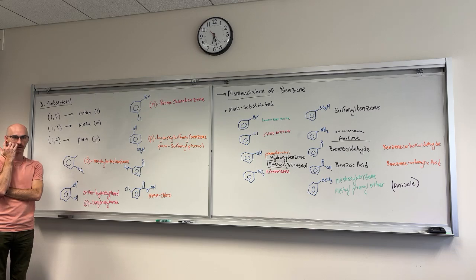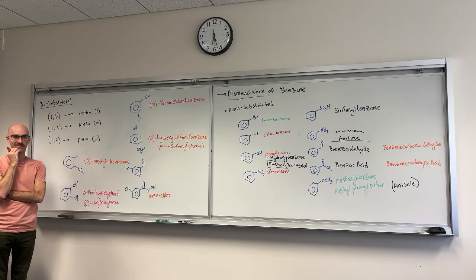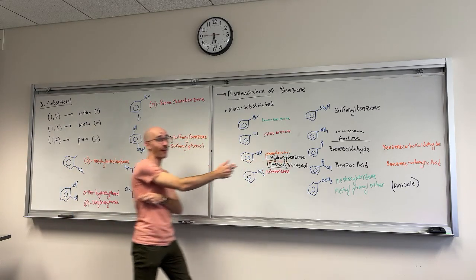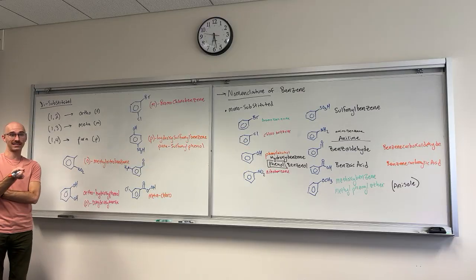What's your gut telling you? If I didn't tell you it was a trick, what were you going to say? Metachlorobenzoic acid. Right, and that's what you were leaning towards.